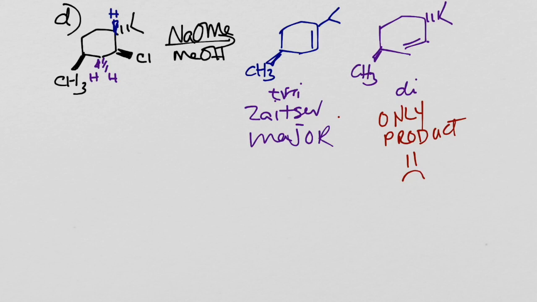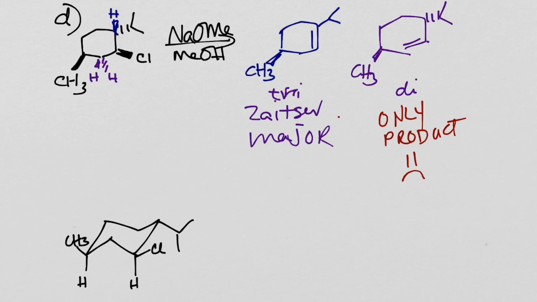So once again, let's draw our chairs. Again, my isopropyl group is down, my chlorine is up relative to the hydrogen, and over here my CH3 is up relative to the hydrogen. And again, build some models.